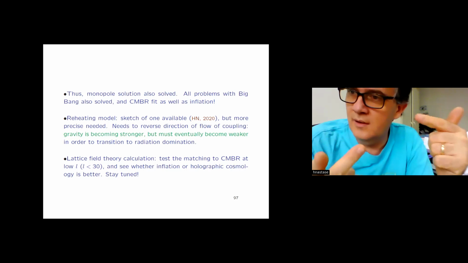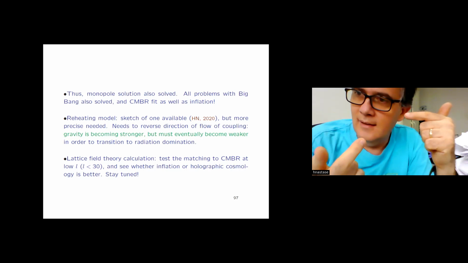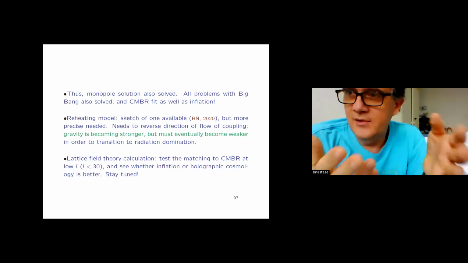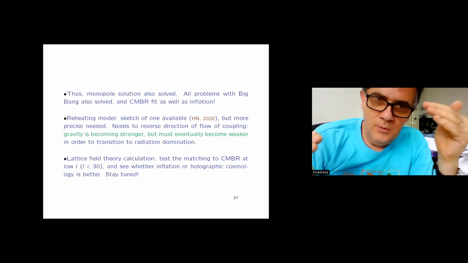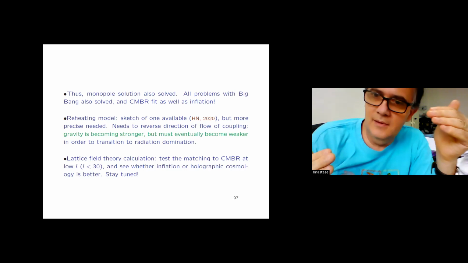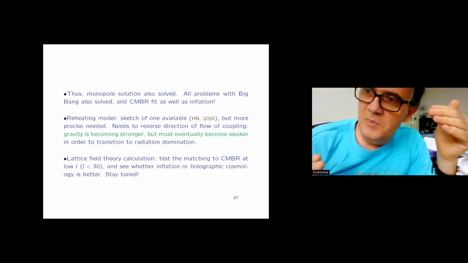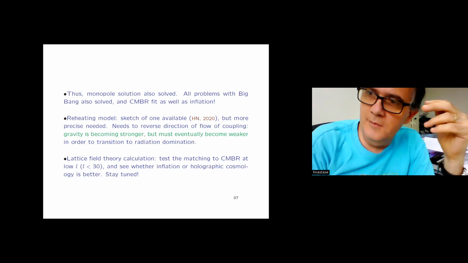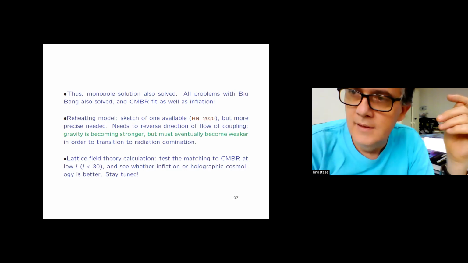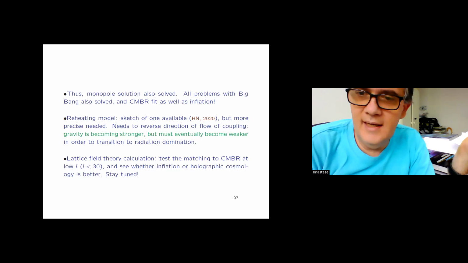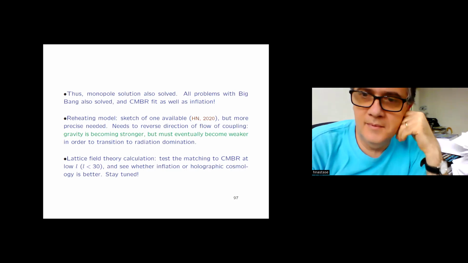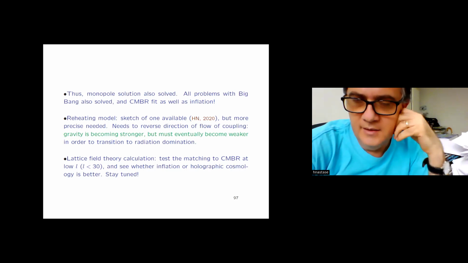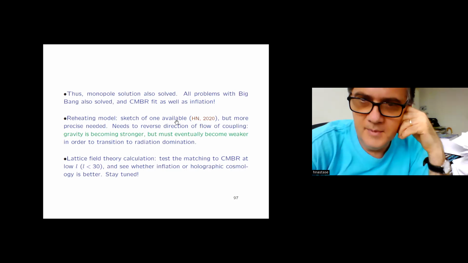Gravity is becoming stronger during this cosmological time. But of course, gravity must eventually start becoming weaker in radiation domination. The universe is expanding and gravity is becoming weaker. So that means that we must reverse this flow.